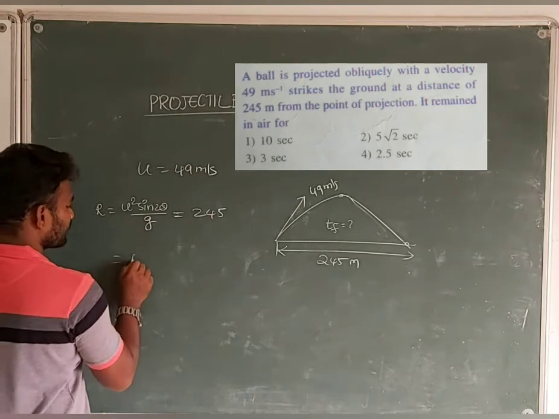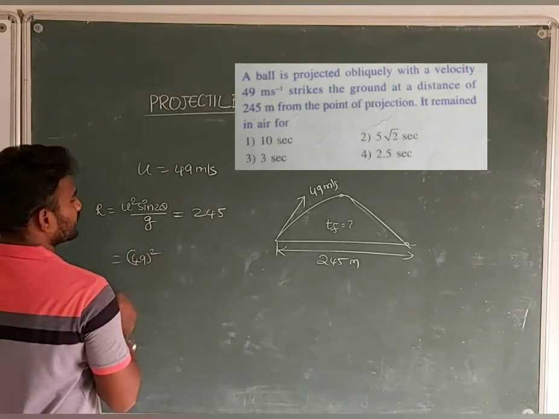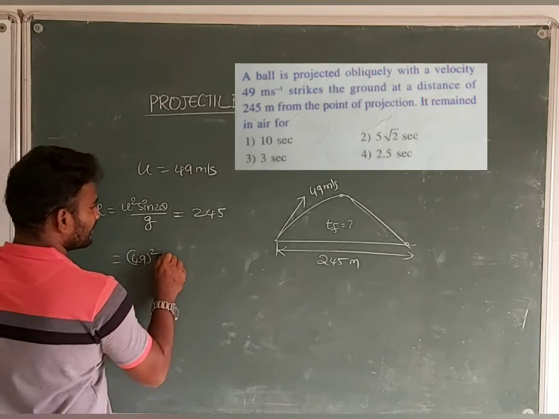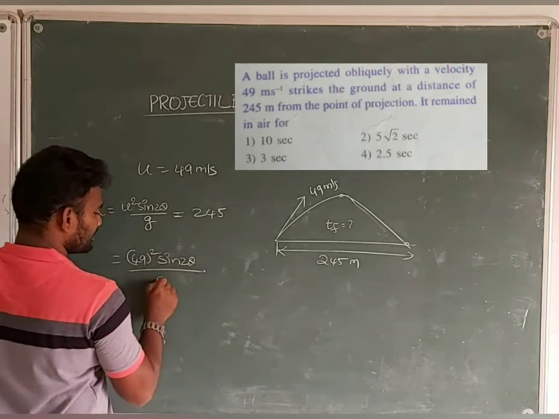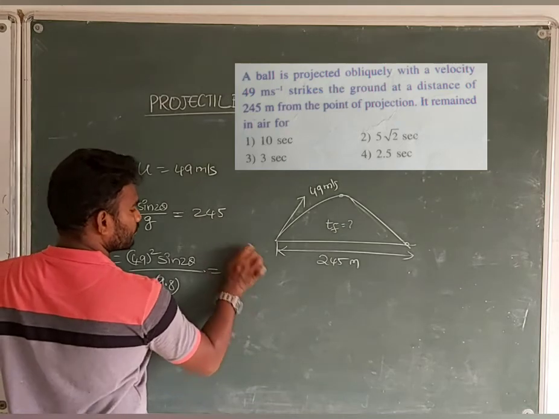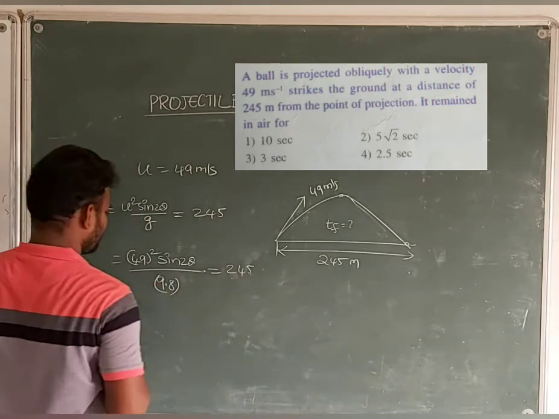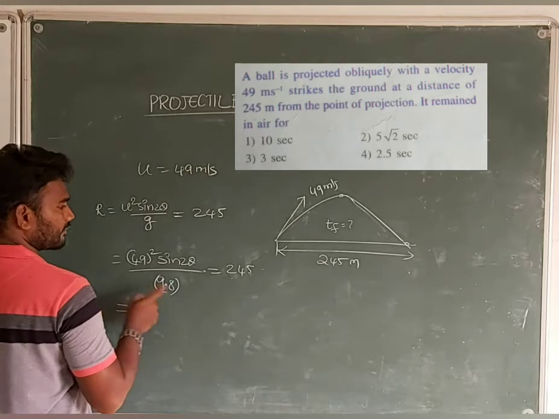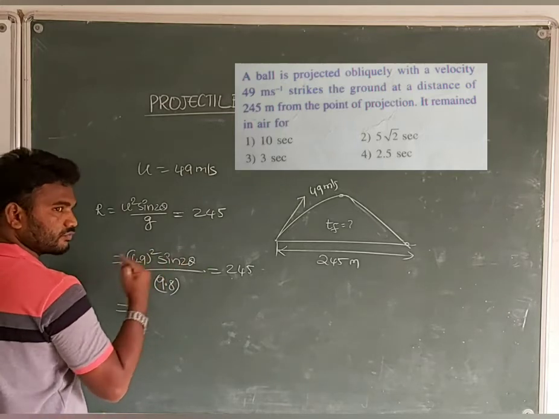Now u square means 49 square. 49 square into sine 2 theta by g, that is 9.8, is equal to 245. See, students, 49 5s are 245.